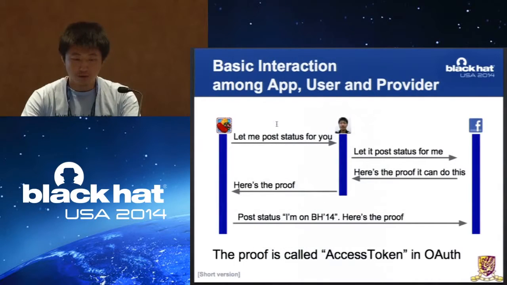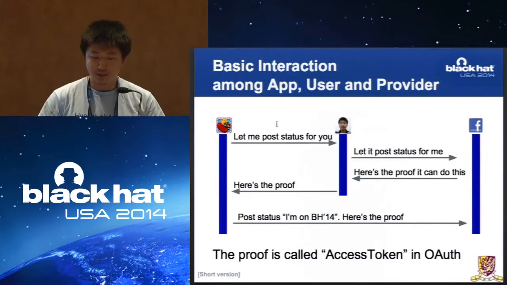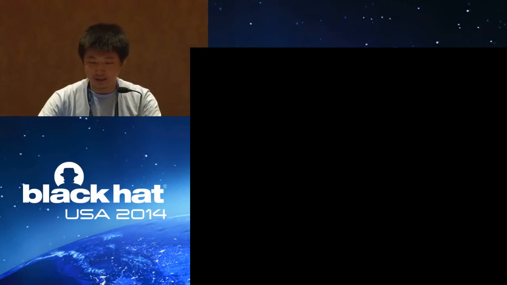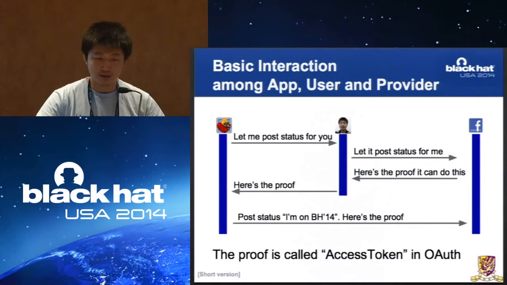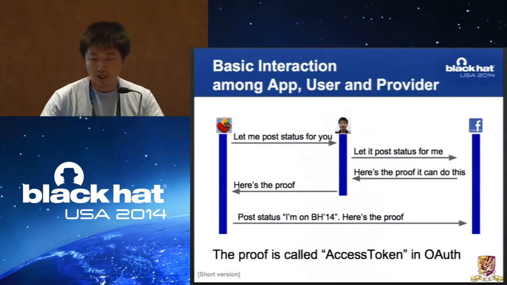Okay, so this is the basic interaction among app, user, and provider. For example, the app will ask the user, okay, let me post a status for you, and the user will go to the provider and tell the provider, okay, let this app post something for me. The provider will give the user a certain kind of cryptographic proof that the app has certain permission.